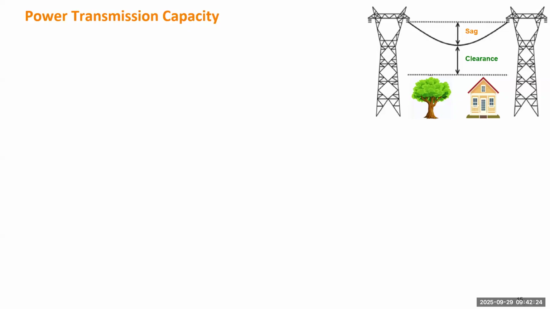There will be a sag, which means at the middle point it will be closer to the ground. But usually we want to control that sag. We don't want it to be too large. Depending on the distance to the trees or houses under the line, we want to make a safe clearance above those buildings and trees. Otherwise they can cause a short circuit.